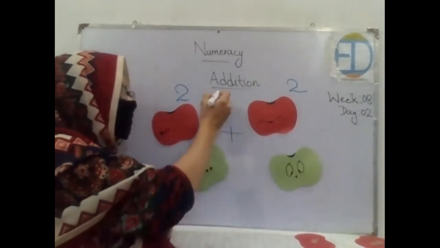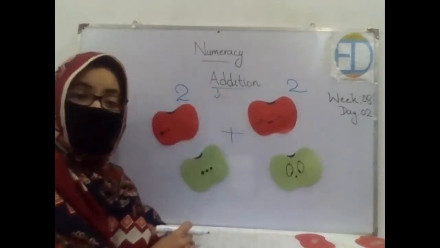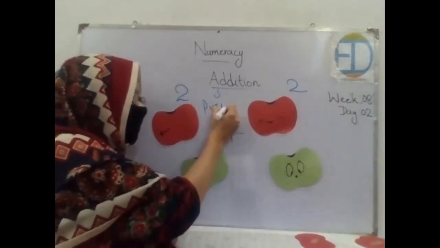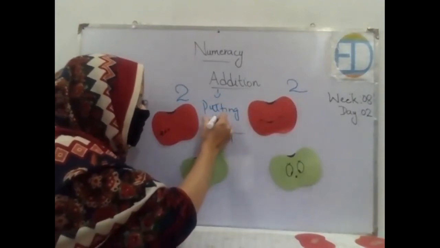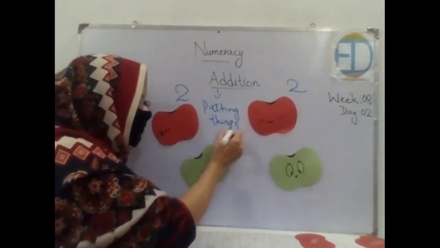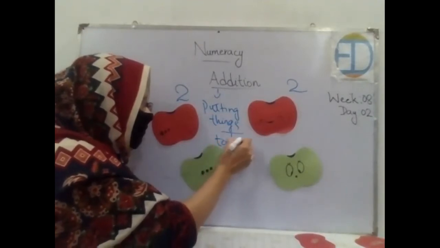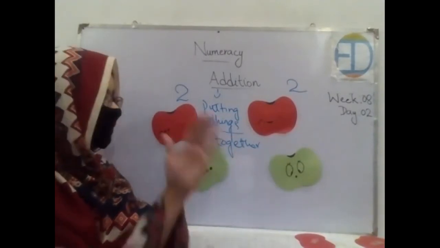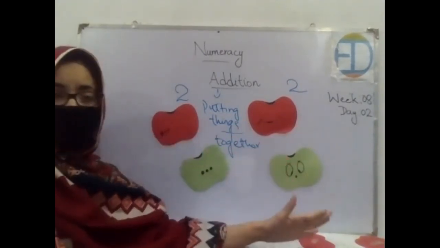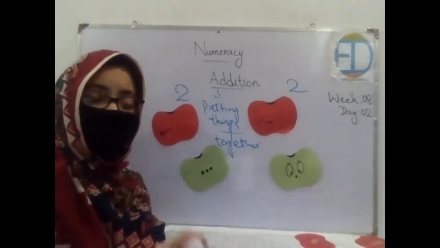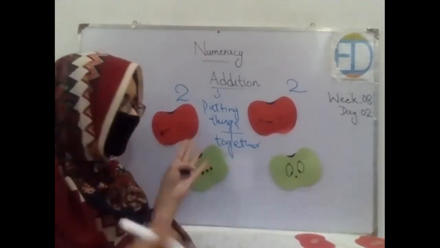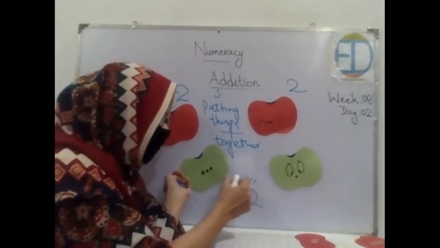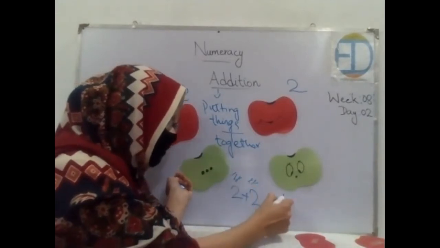Adding means putting things together. Previously, these two were alone and these two were alone. Now, because we want to add them, we have put all of them together. So what you do is 2 plus 2. So, 2 and 2: 1, 2, 3, 4. The answer is 4.